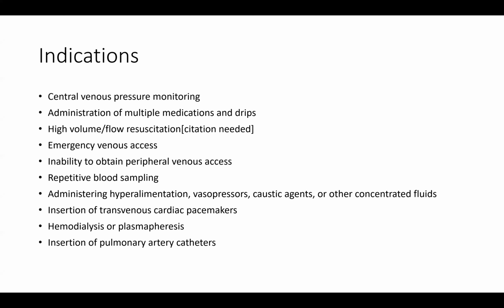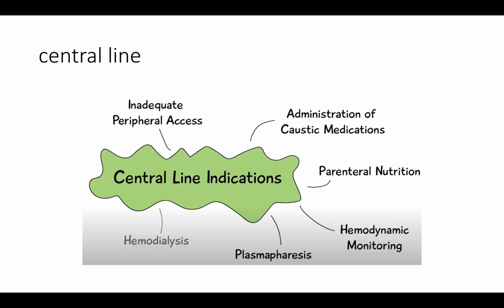Then people also use it for medication, especially all these anti-cancer medications that can be used, dialysis that can be used. We talked about pacemaker, and these are all the reasons for central venous access.